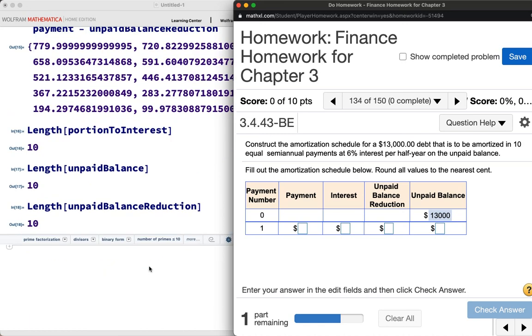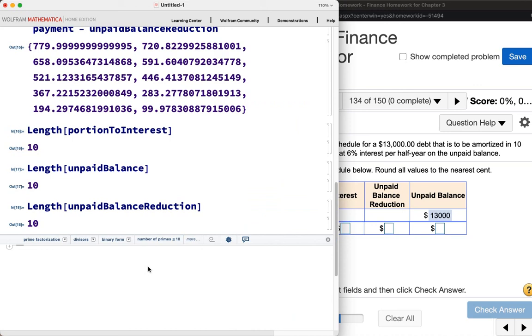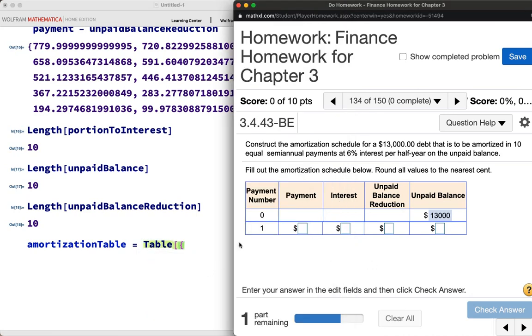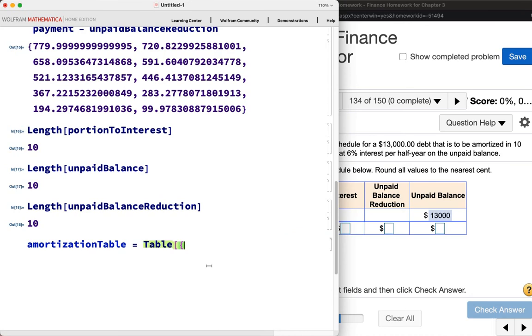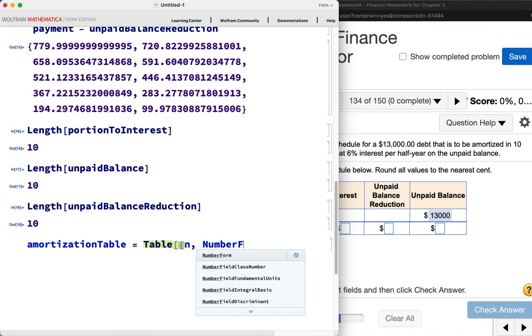So let me construct the whole table, which will look a little complicated, but I'm sure it's going to be okay. So what should I call it? Amortization table. Okay, so we're going to have the payment number. I'm going to call it N for number. The payment, and I want that.